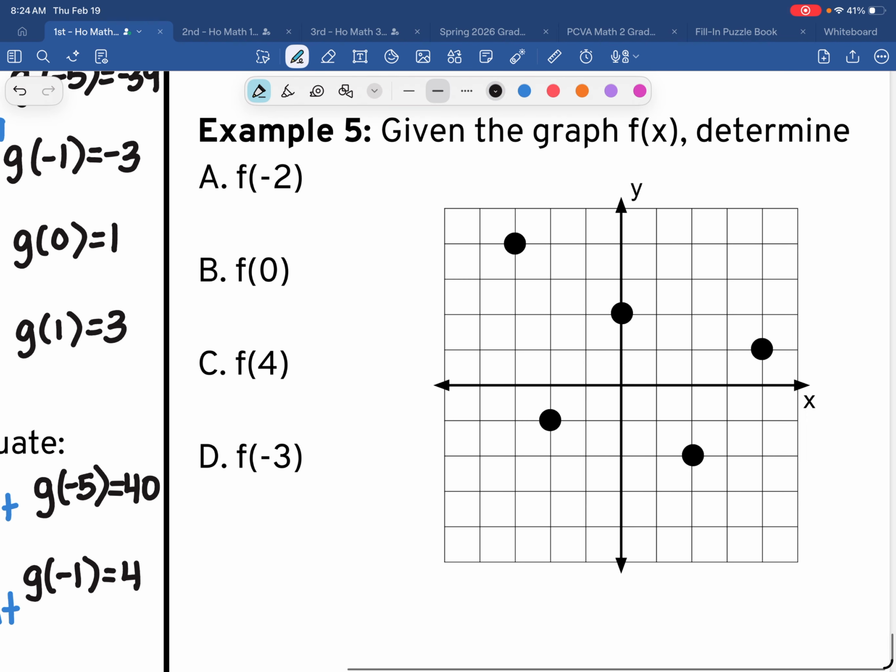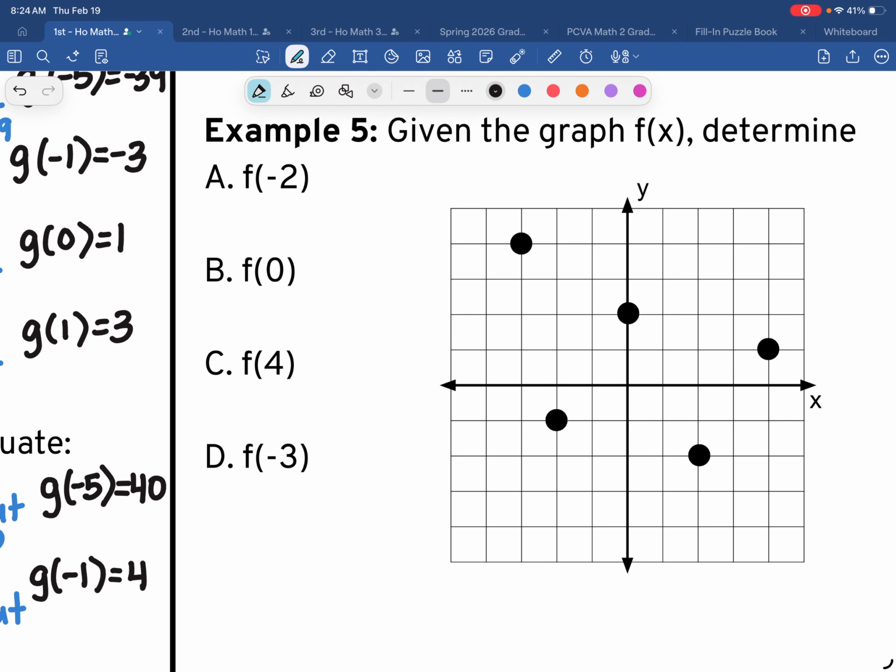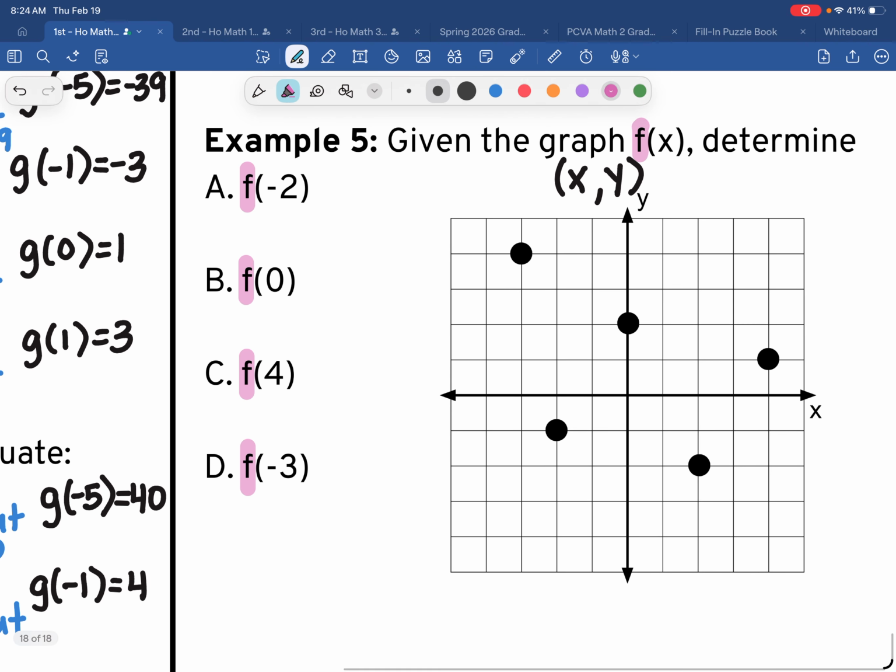Now, a graph is very similar except for the fact that they don't have the x and the y listed. Remember, when you have points, my points are given to me where the first number is the x, the second number is the y. So we've labeled this f of x, this graph, and they're asking us to find what is the y value or the output given these inputs.